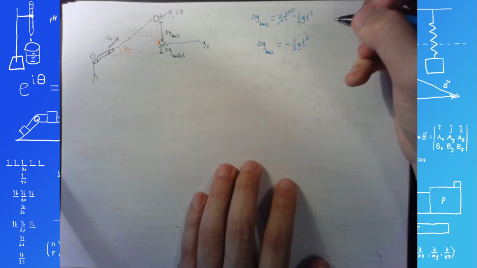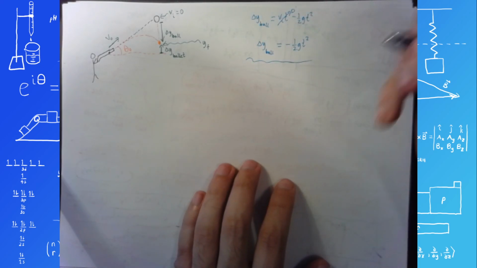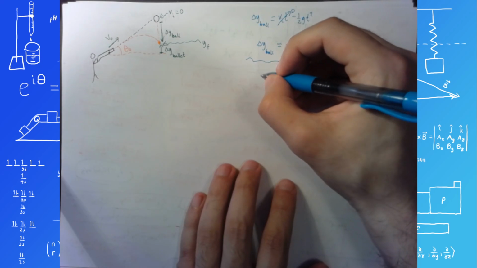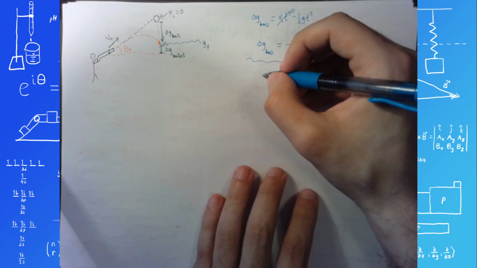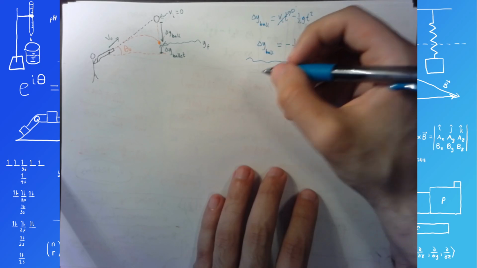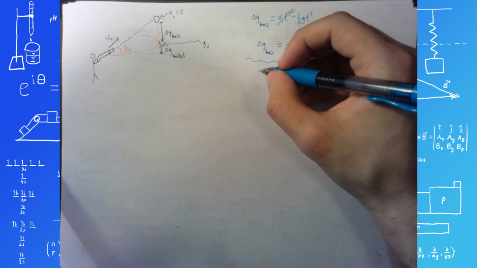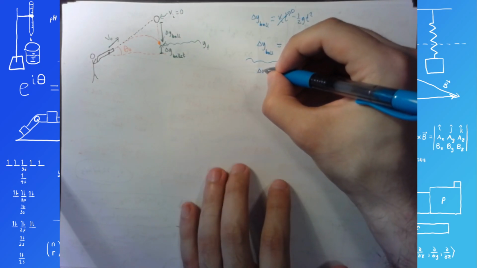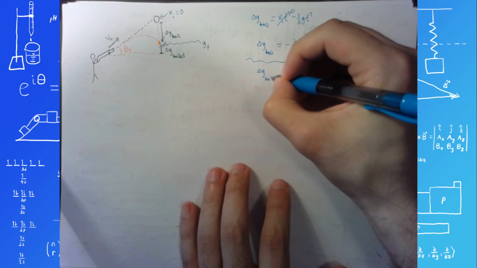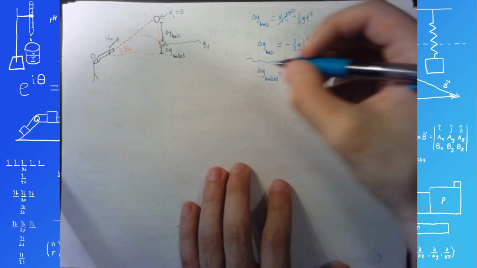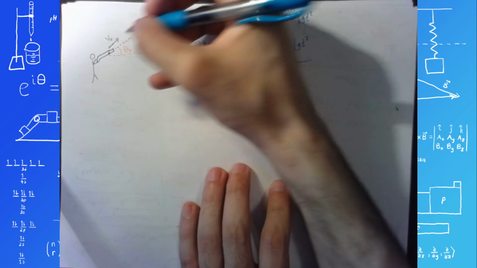Okay, what about delta y of the bullet? Delta y of the bullet is going to depend on whatever Vy initial is.